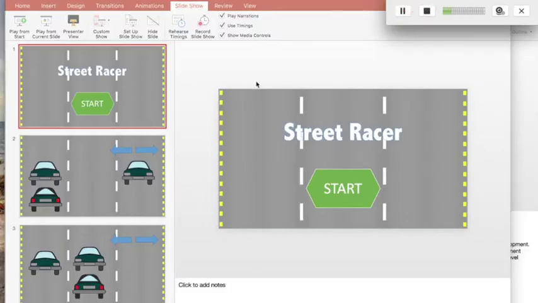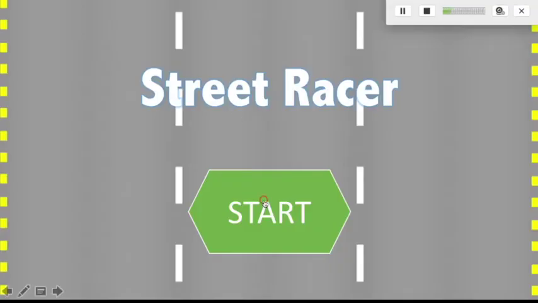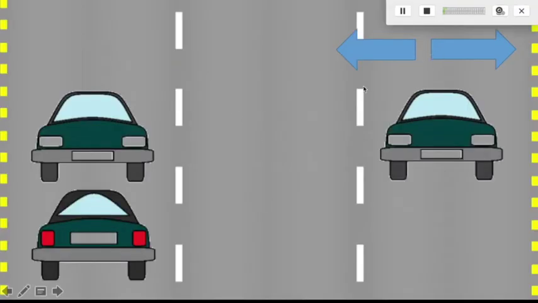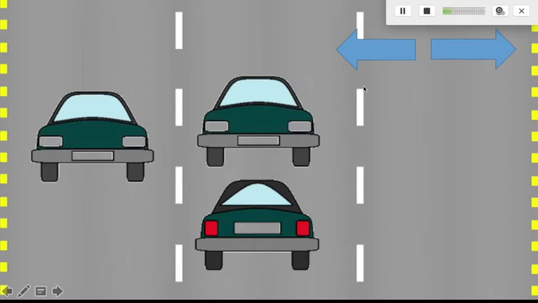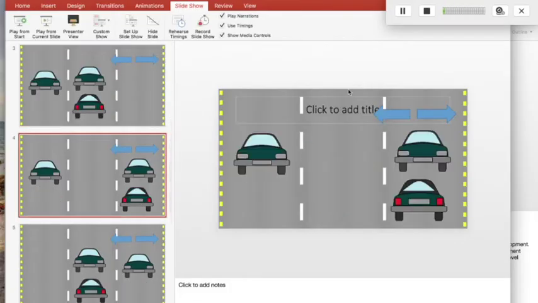So the final finishing touch is to ensure that our custom slideshow is being used. Because if we simply play from start, it will transition with the default. So we'd like to use our custom slideshow.